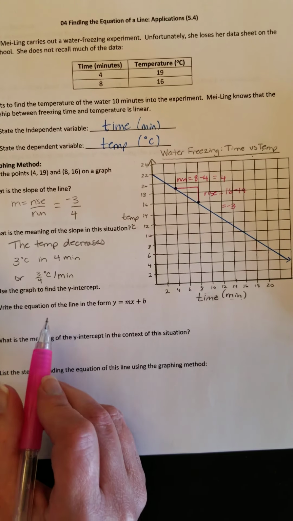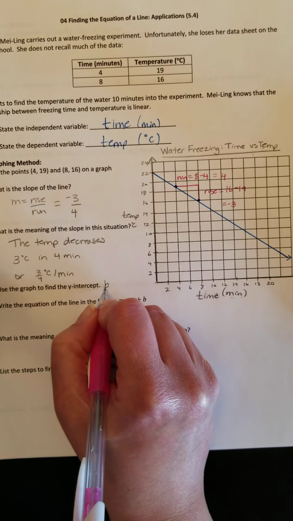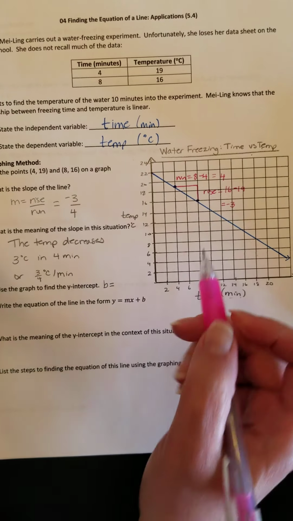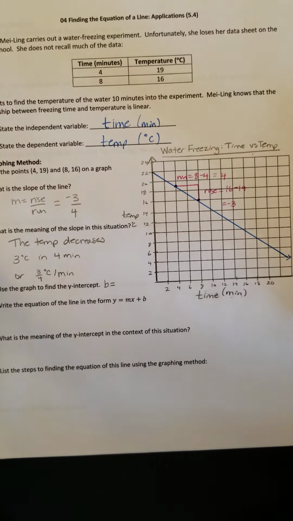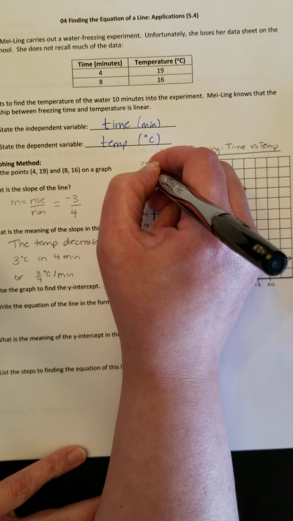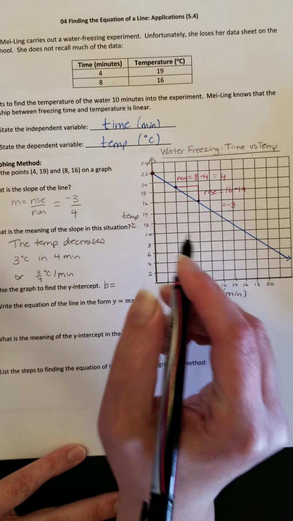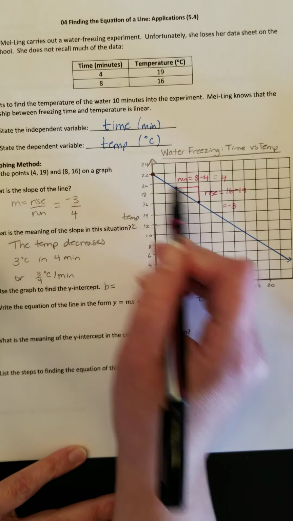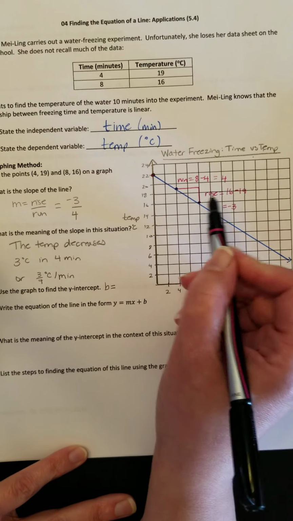The next thing wants us to use the graph to find the y-intercept. So that's just kind of patterning back. It's pretty obvious, I think, from here, and if you graph accurately, hopefully you'll get this too, that my y-intercept is 22. I can kind of pattern this back as well.